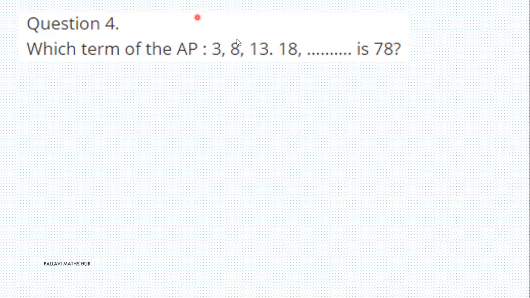Question number 4. Which term of the AP 3, 8, 13, 18 continues up to 78? Here, which term means n is equal to question mark. The given AP is 3, 8, 13, 18 continuing up to 78.